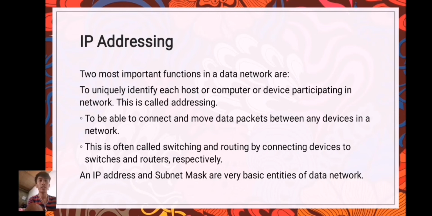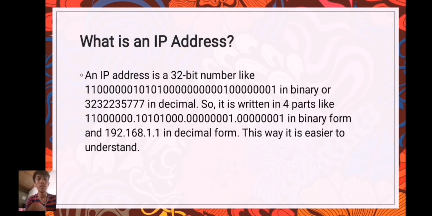An IP address and subnet mask are very basic entities of a data network. What is an IP address? An IP address is a 32-bit number such as this on your screen, in binary or in decimal.